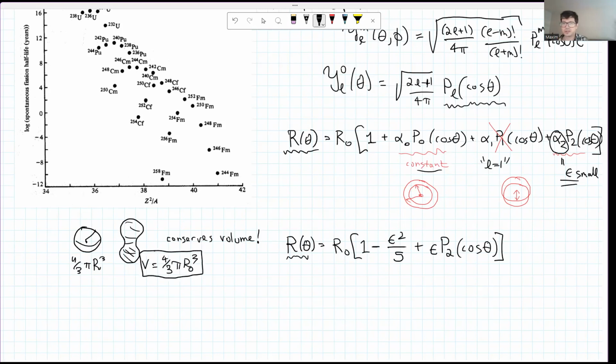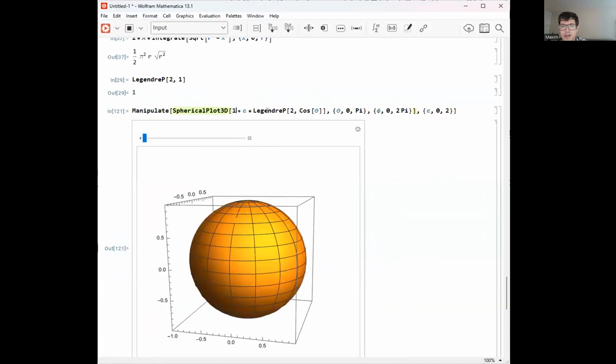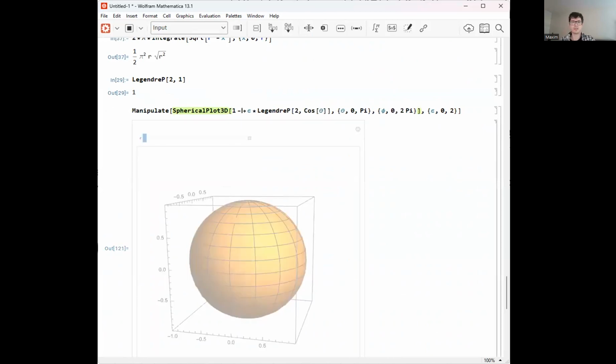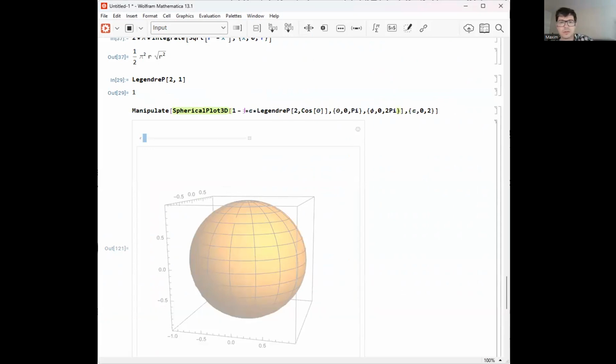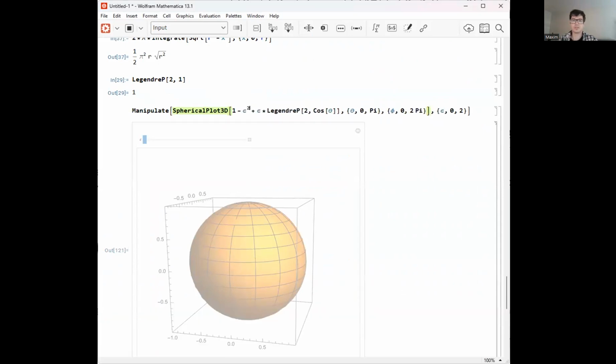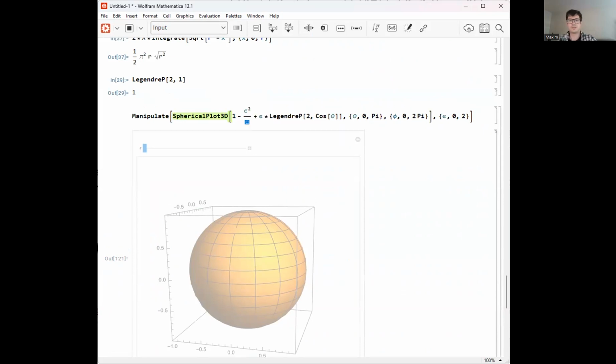Let's see what it looks like. So you can fire up Mathematica here, show you what's going on. So here we're going to do a spherical plot, and I forgot to put in the volume conserving term, but here we go. See here, epsilon squared over 5.